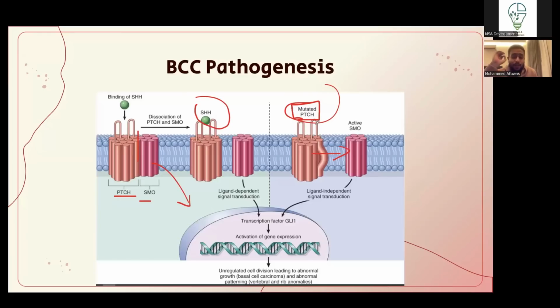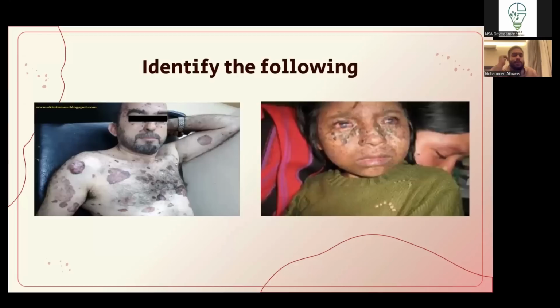If I ask you in squamous cell carcinoma, what's the tumor suppressor gene that's inactivated? P53 in squamous cell carcinoma. In basal cell, it's PTCH. Now, there are autosomal dominant genetic predisposition syndromes that cause BCC, which is this one. What is this called? Not this one, this one.